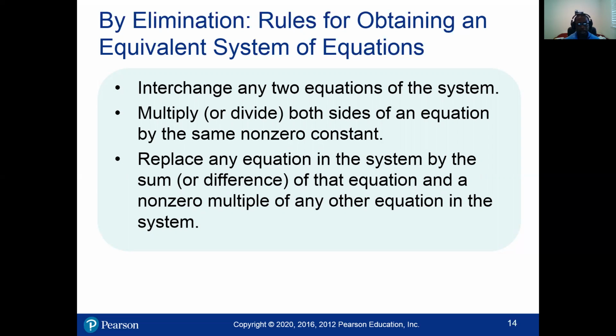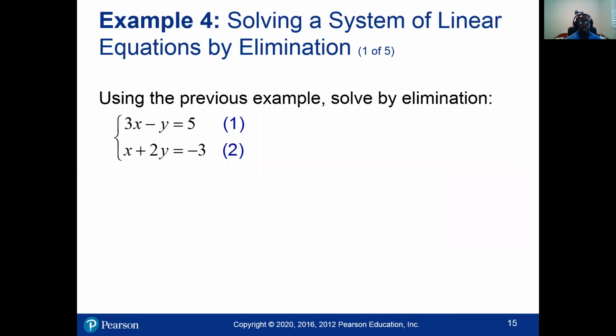Or if you multiply or divide both sides of an equation by the same non-zero constant, okay, you don't want it to be 0, because if you multiply something by 0, you get nothing. Or if you replace any equation in the system by the sum or the difference of that equation and a multiple of any other equation in the system. Now, any of these processes gives us what we call equivalent equations, or an equivalent system of equations.